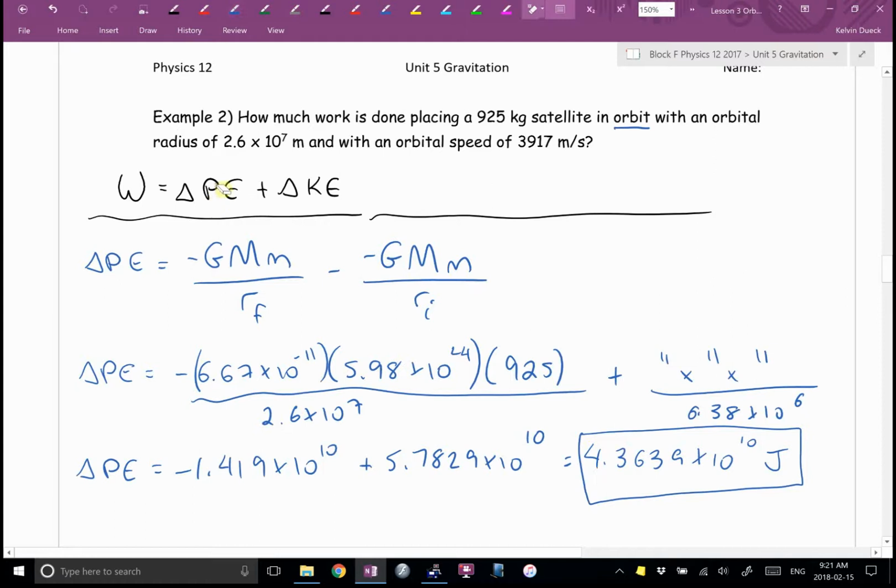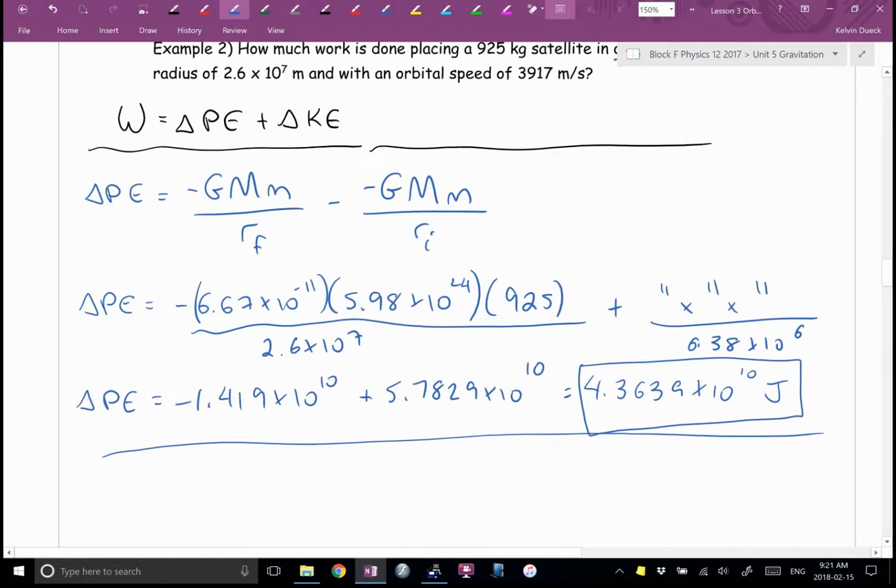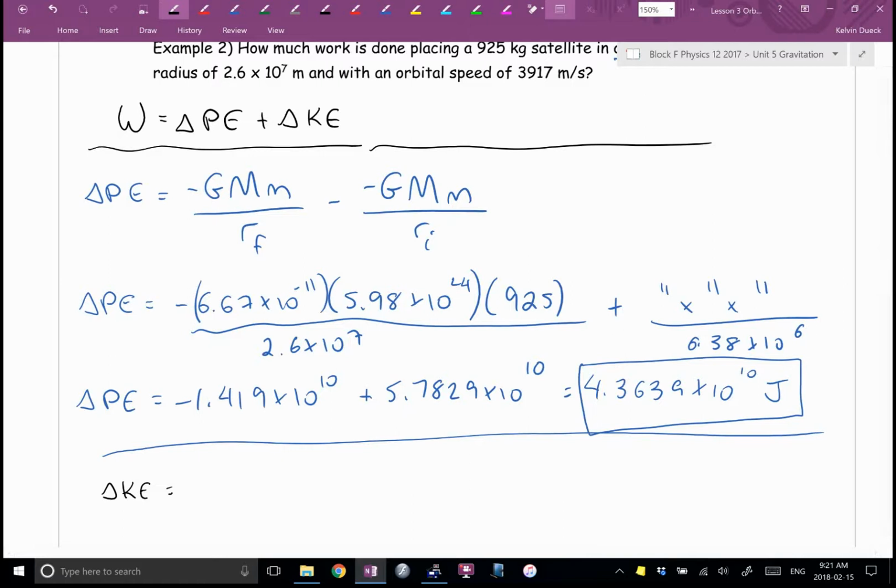So all we found, Sharon, is that. What else do we need to find? I'll change colors. You starting to see why I bring all these already in Physics 11? Did you say final minus initial? And kinetic energy is not going to change, so it's going to be a half m v final squared minus a half m v initial squared.